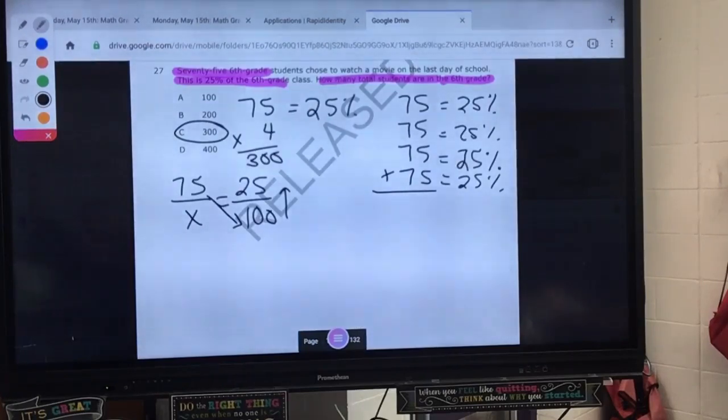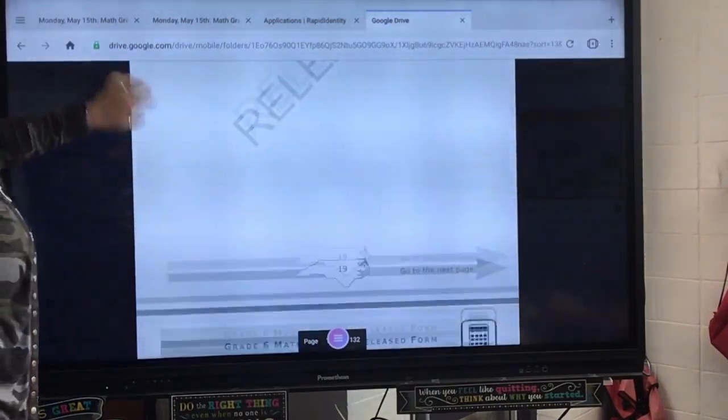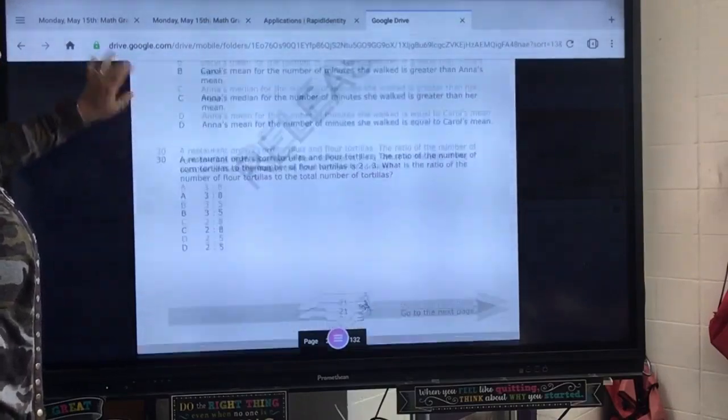Okay, but did you still use one of those ways? I multiplied 25 by 4. Okay, so even though you missed the numbers, you at least used one of the processes, which is fine. All right, anybody else want to share a different way that they found their answer? Okay. All right, moving on to 38.